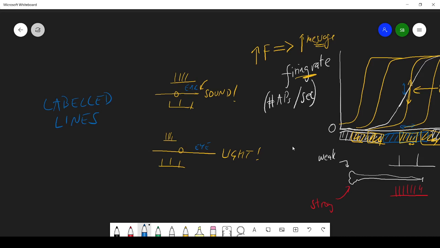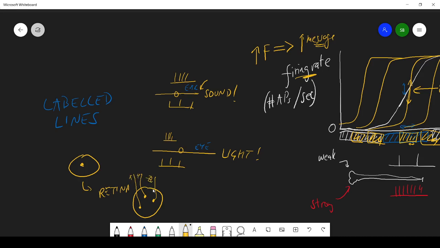And of course, it's not just comparing eyes and ears. Even within the eye, if you like, we've got a retina, and where in the retina this neuron is coming from is itself a labelled line and contains information.